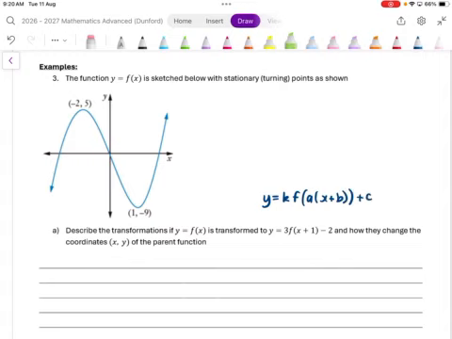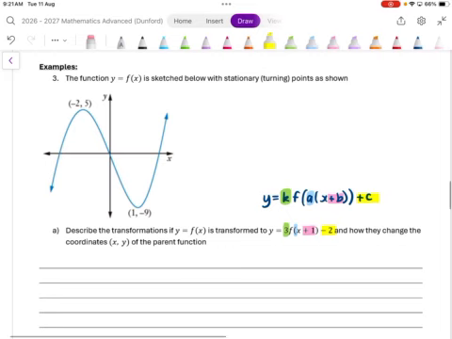Okay, so our k value is going to be 3. Our a value, well, there's no a there. So a is just going to be 1. Our b value is plus 1 and our c value is minus 2. All right, and we're seeing how they're going to change the coordinates of the parent function.